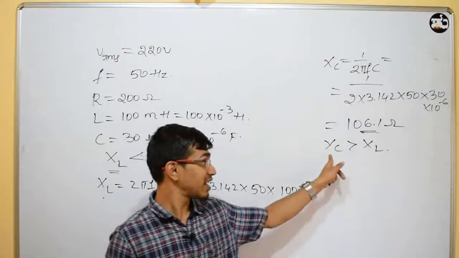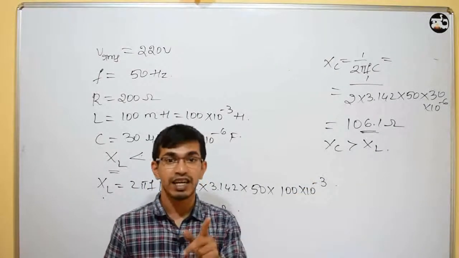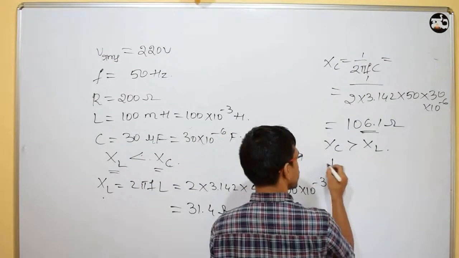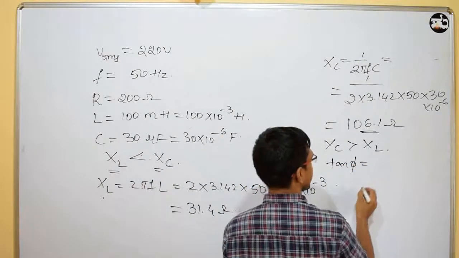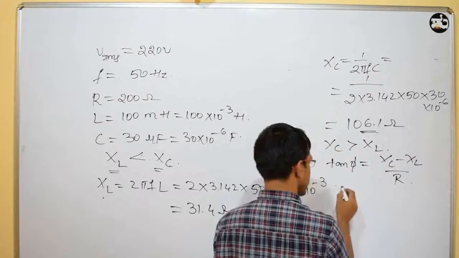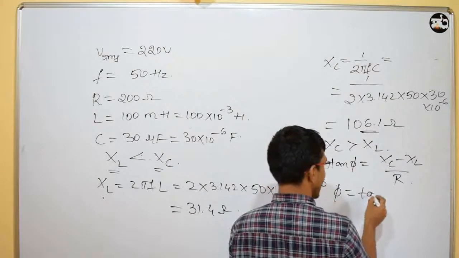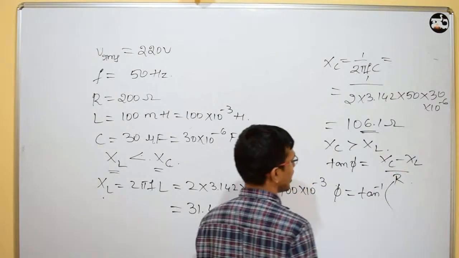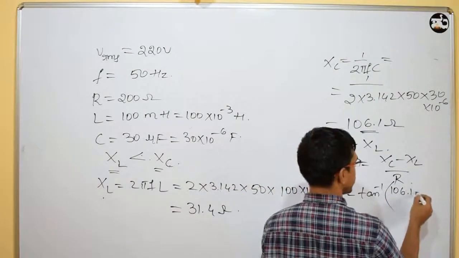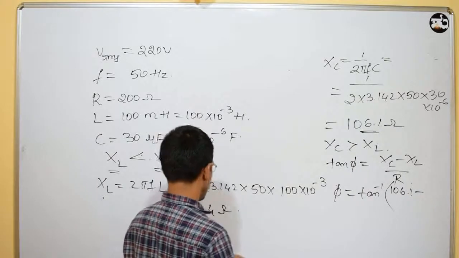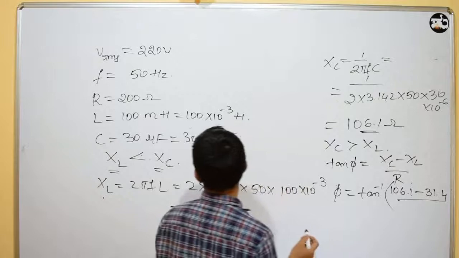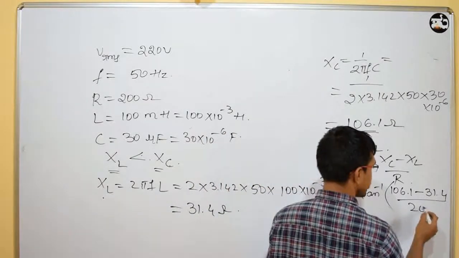If XC is greater than XL, then as I said, current leads the voltage. But to get the phase angle, we must use the formula tan phi is equal to XC minus XL divided by R. Therefore phi is equal to tan inverse of, substituting the values, XC is 106.1 minus XL which is 31.4, divided by R, which is 200 ohm.